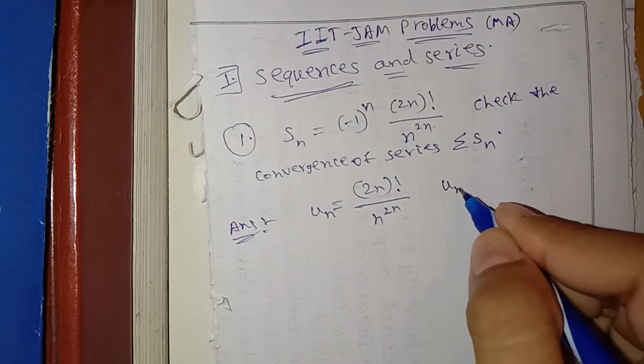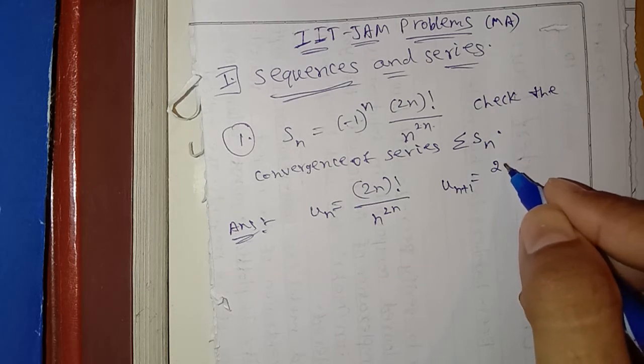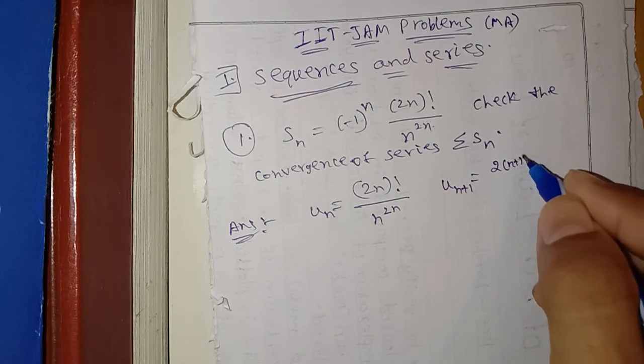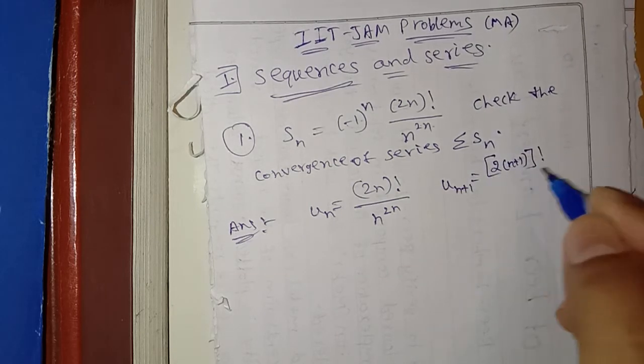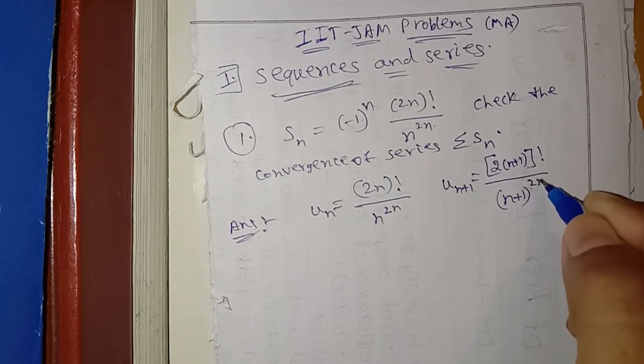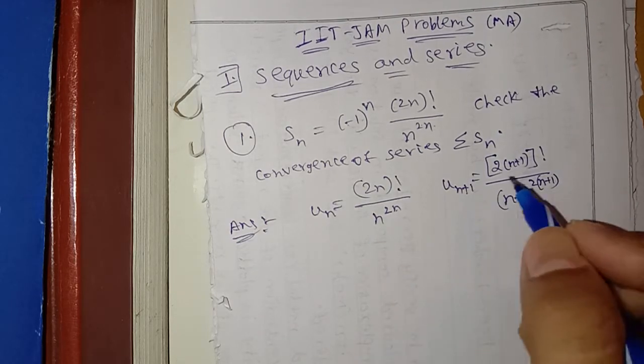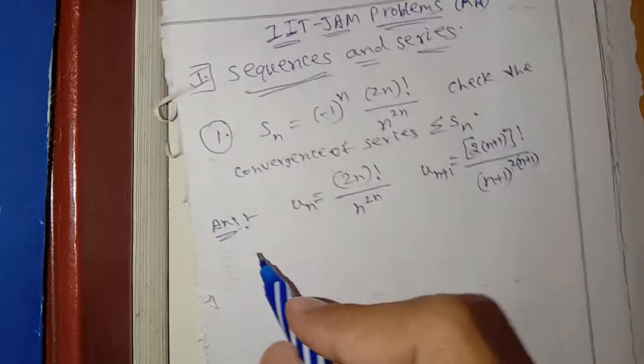Now un+1 we can take as (2(n+1))! divided by (n+1)^(2(n+1)). In the place of n we put n+1 in un+1.